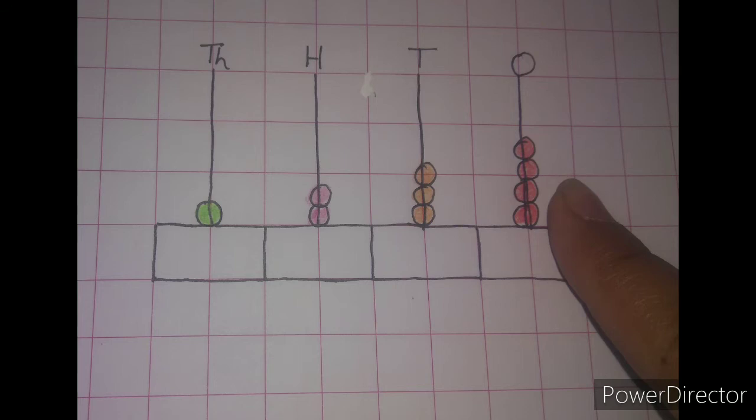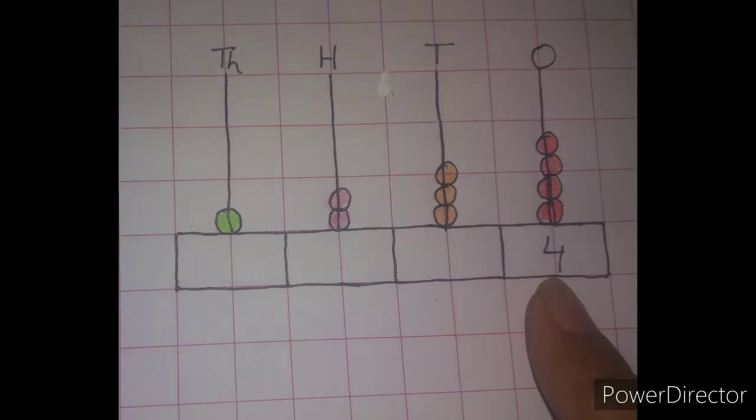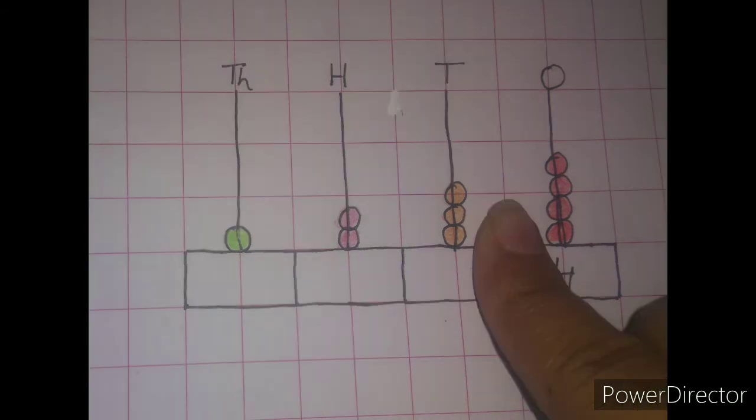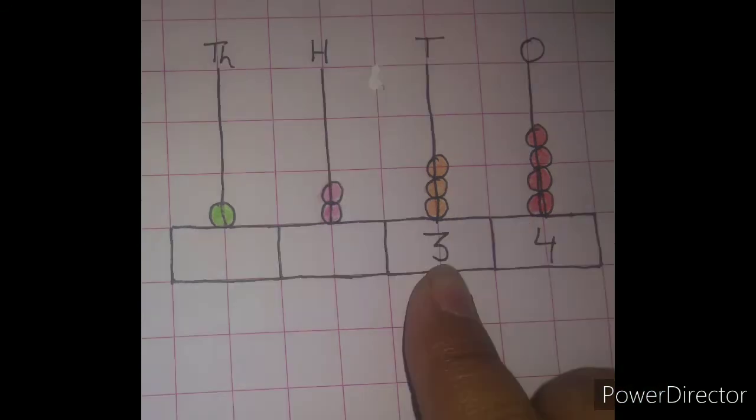Here the beads are given and we have to write the numbers. So how many beads in the ones column? 1, 2, 3, 4. So we will write 4 under 1. And under the tens column how many beads are there? 1, 2, 3. So we will write 3.